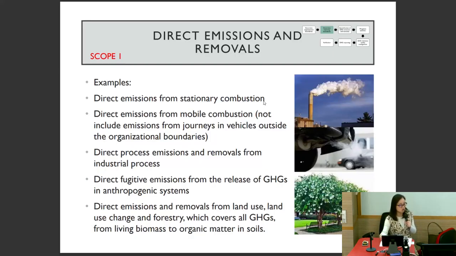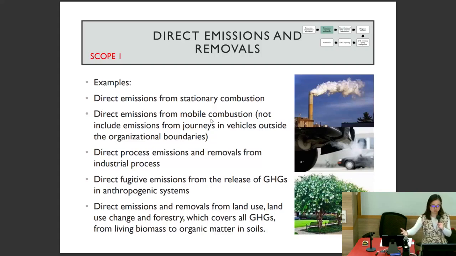These are all direct emissions from stationary combustion: burning waste, burning fossil fuel, burning natural gas. Another example would be direct emissions from mobile combustion.